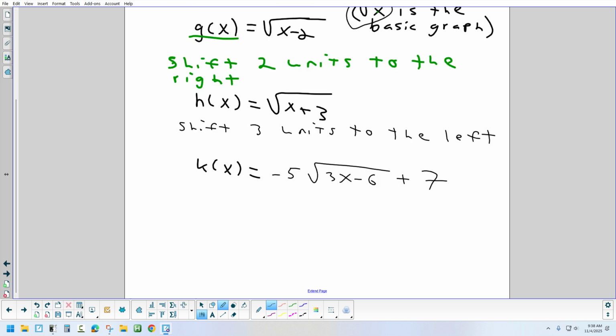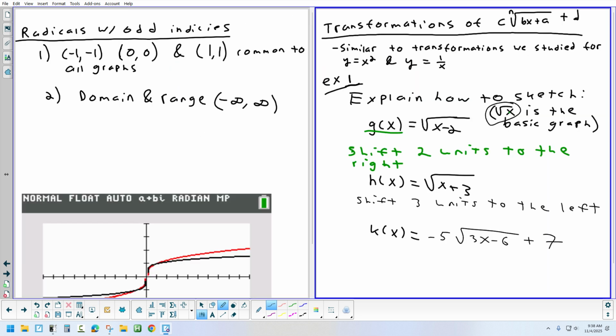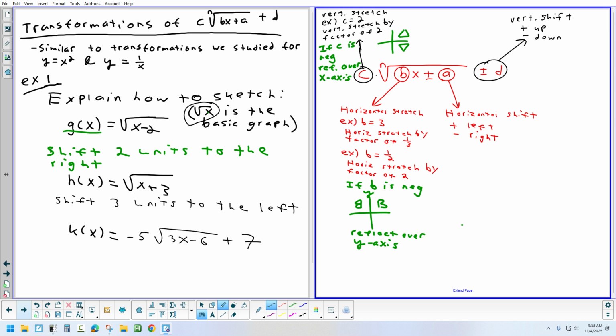When you describe the transformations, make sure you describe them in the order A, B, C, and then D. If you want me to be really clear, I can just write them down. So first transformation is always the horizontal shift. If you have it, then you describe the horizontal stretch.